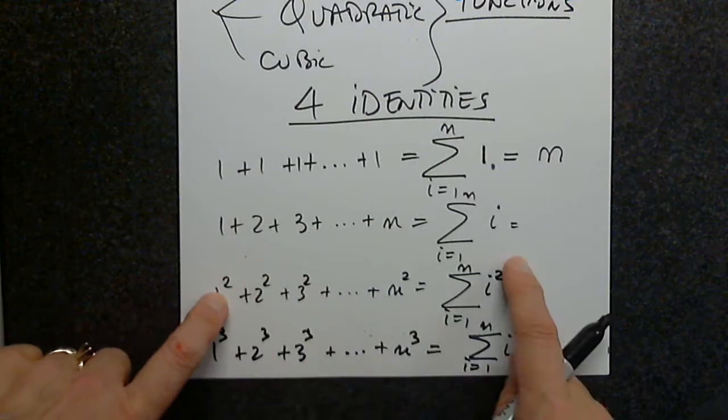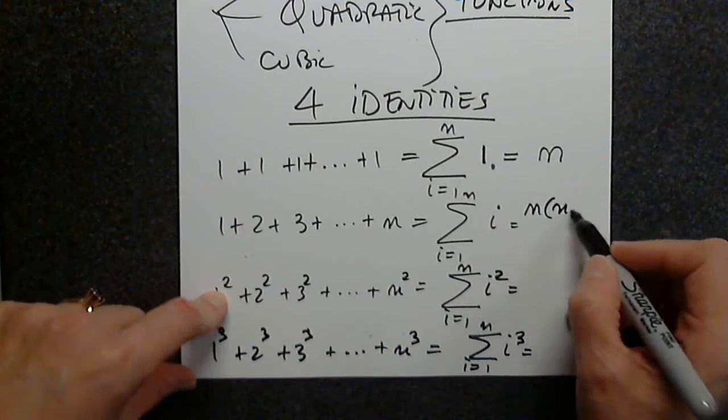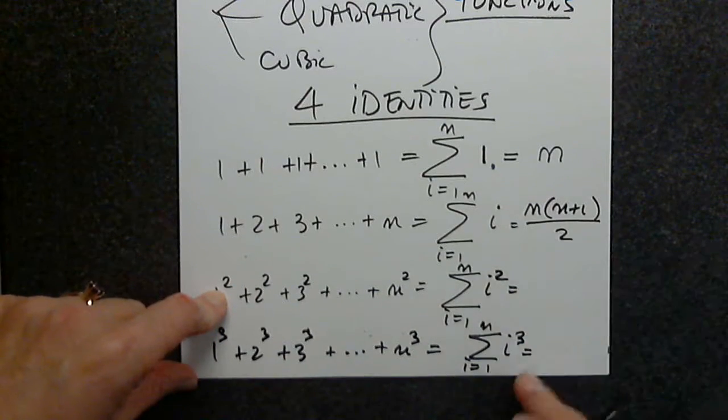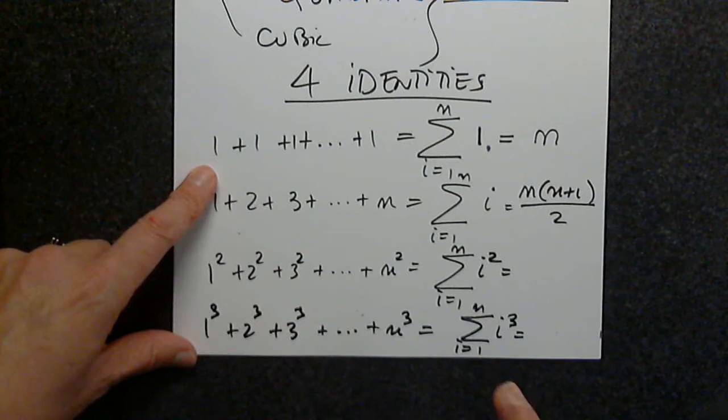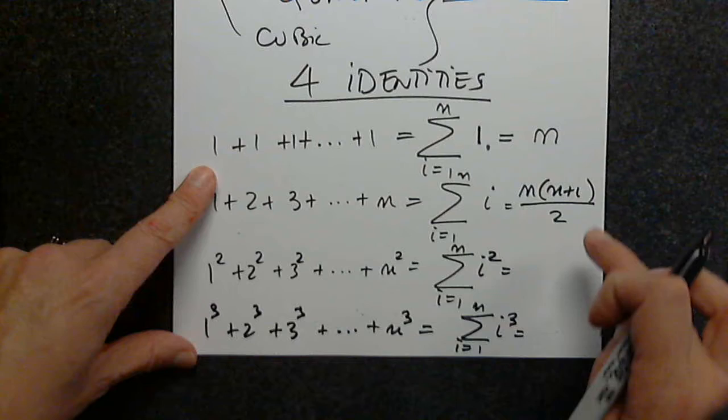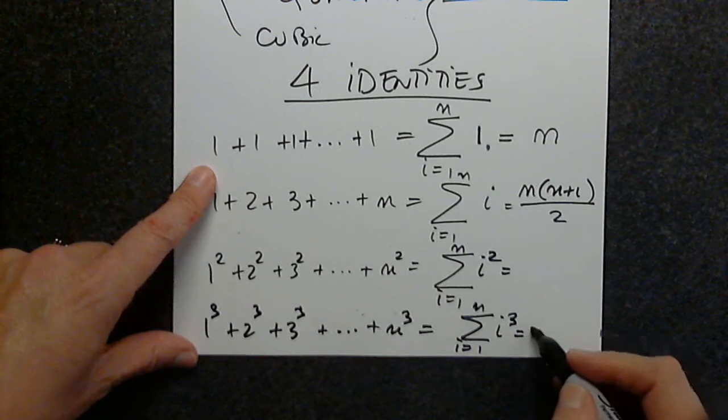Okay, this one I'll give you the answer. n times n plus 1 divided by 2. I'll jump to the third one because it's the same thing but squared.